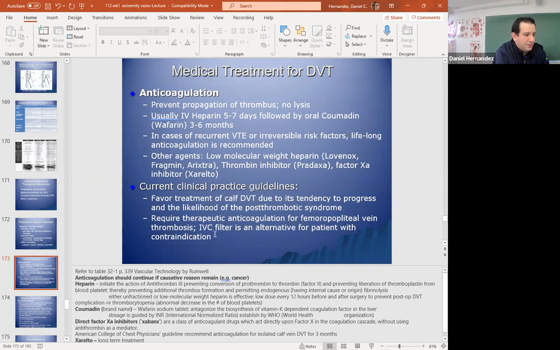And remember, there's something called an IVC filter that we're going to learn about in a little bit. This can act as an alternative for patients for whom anticoagulation is contraindicated. So if you have a patient who has a gastrointestinal bleed, perhaps a hemorrhagic stroke in their brain, and we're not able to give these anticoagulation medications, they're contraindicated, those patients would typically wind up getting an IVC filter placed in order to prevent pulmonary embolism.